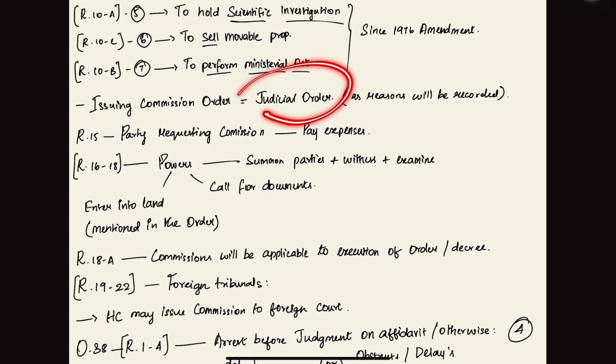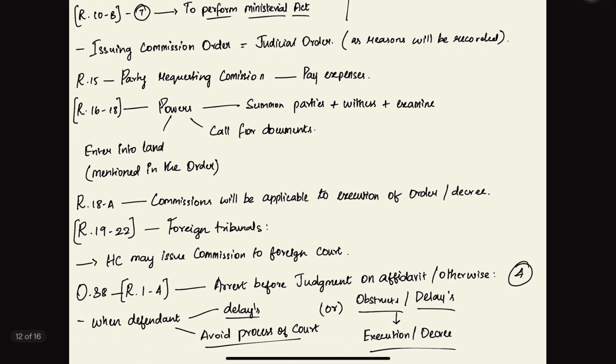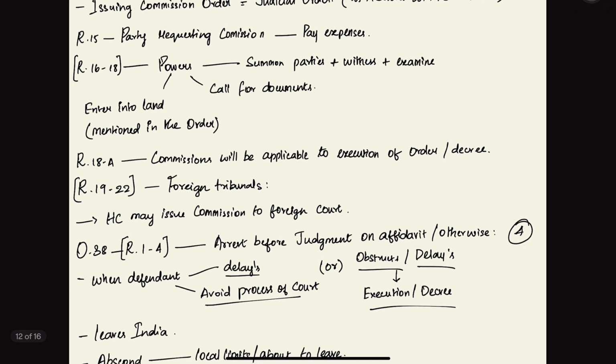So issuance of a commission order is a judicial order, and for that reason the grounds for issuing such commissions also have to be recorded. And under Rule 15, who will pay the expenses for such commission will be determined, where the party that is requesting the commission has to bear the expenses.